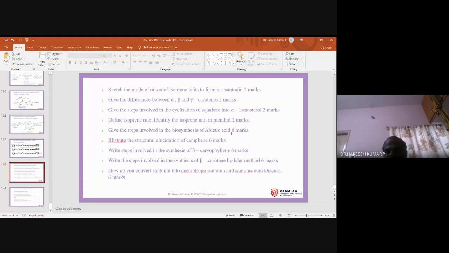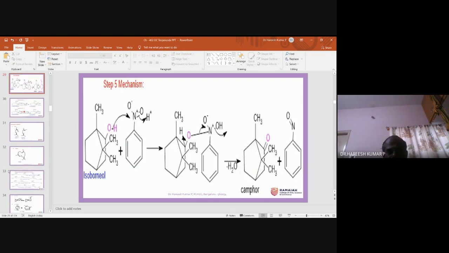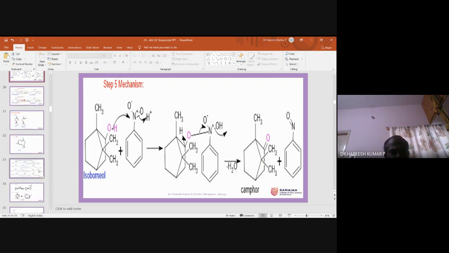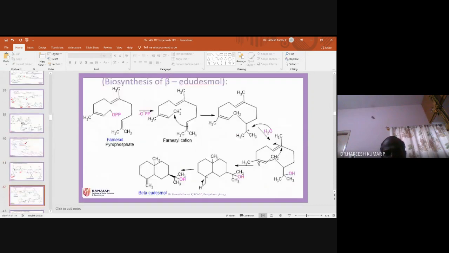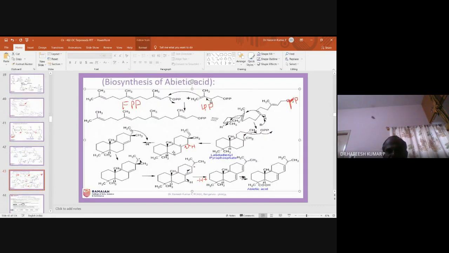So abietic acid, it is a biosynthesis. I will go back to the biosynthesis of abietic acid. Okay, so this is the one, biosynthesis of abietic acid.